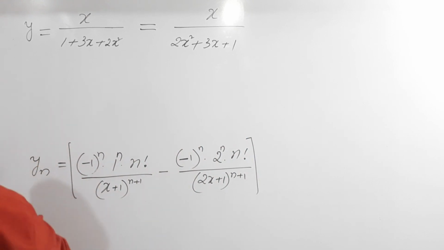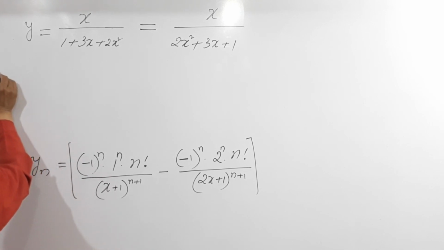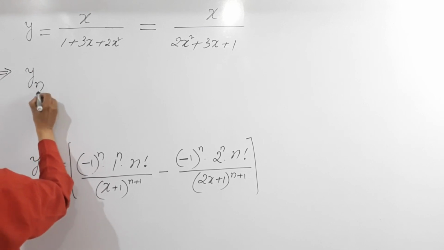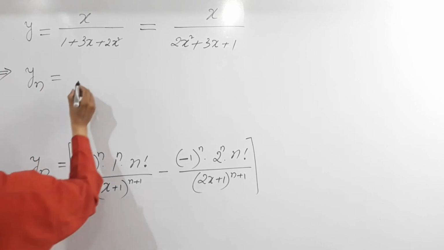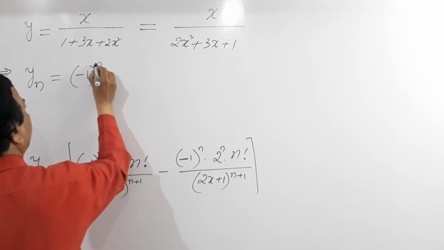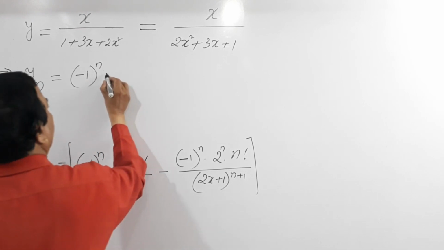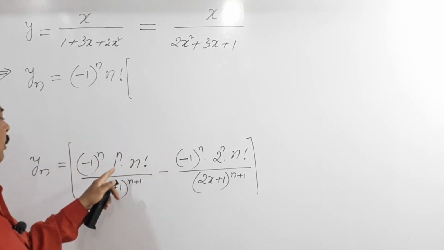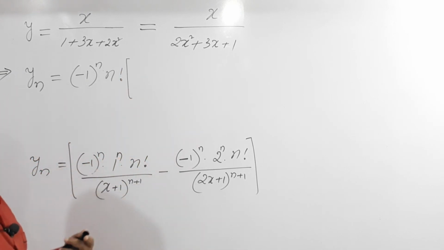So, I have the output, therefore for this, here I write, which is equal to yn will be what? I will take minus 1 to the power of n into n factorial outside. So, 1 to the power of n is nothing but 1 itself.